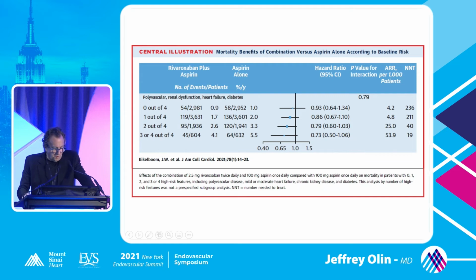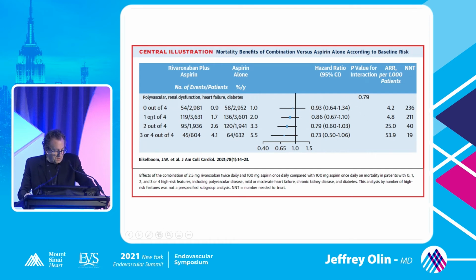What this study showed is that of these 4 comorbidities, polyvascular disease, that means vascular disease in more than one location, renal dysfunction, heart failure, and diabetes, if you have none of these, then it's probably not beneficial to put patients on this combination. The number needed to treat is too high.